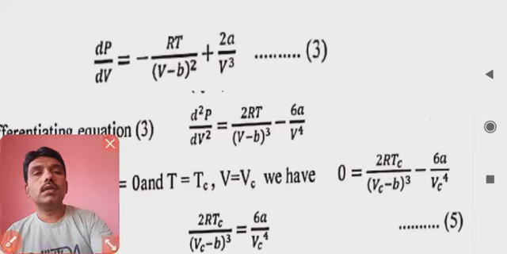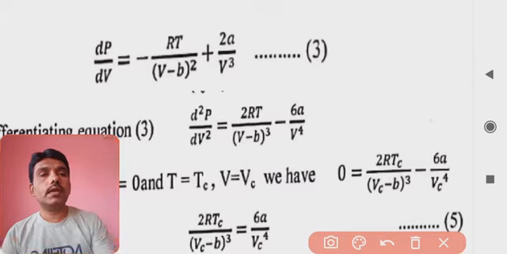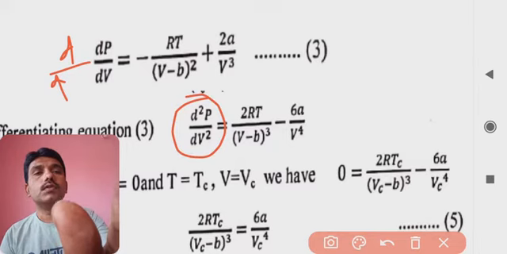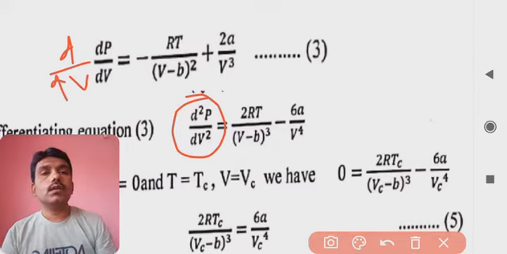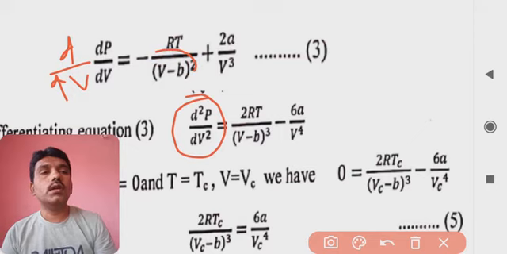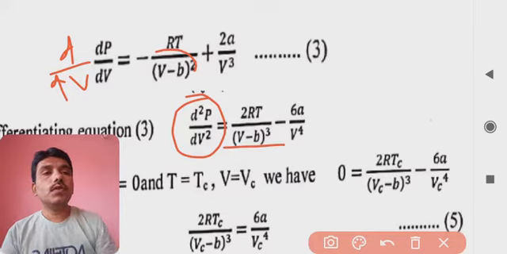No doubt, the derivative of dP by dV means d2P by dV square. So double differentiation again d by dV of this: d2P by dV square is equal to, again this minus will become plus, and this 2 will come upward, so 2RT divided by (V minus b) whole cube.